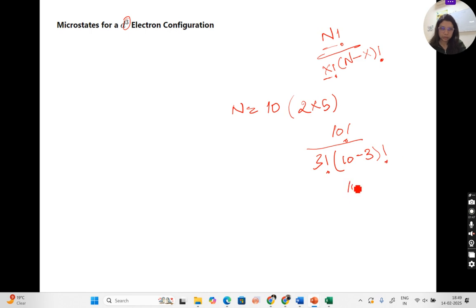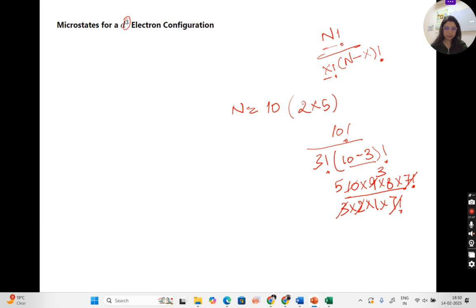So 10 into 9 into 8 into 7 factorial. I'm keeping it like this because this is 3 into 2 into 1, and this is already 7 factorial. This will cancel out and we just need to calculate this. This is 5 and this is 3.